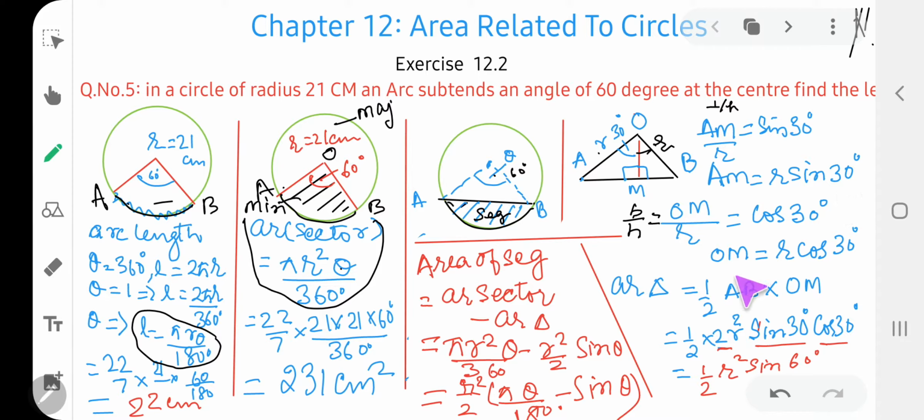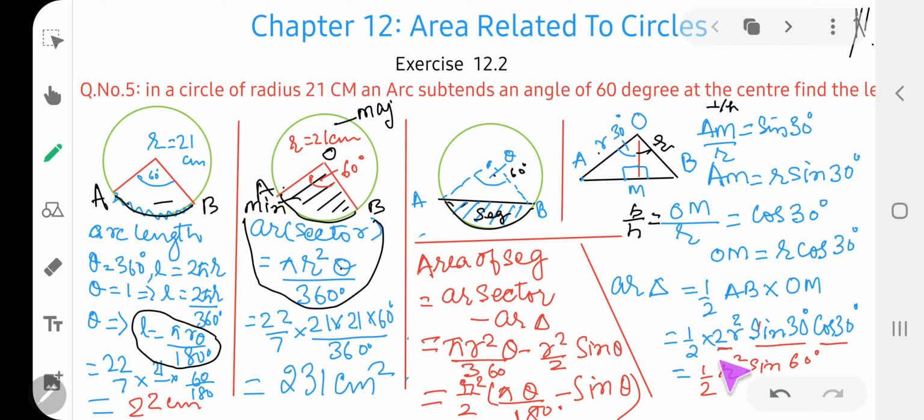And in place of OM I will write R cos 30 degrees. So 2R I have, and one R here, the other R there, and when I multiply them I will get 1 upon 2, 2R square sine 30 degrees cos 30 degrees. It is better to write it down in your notebook yourself and you will get it.